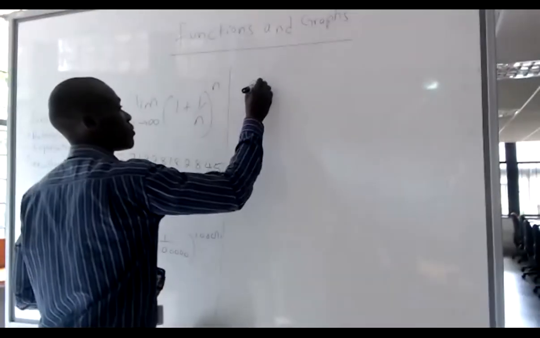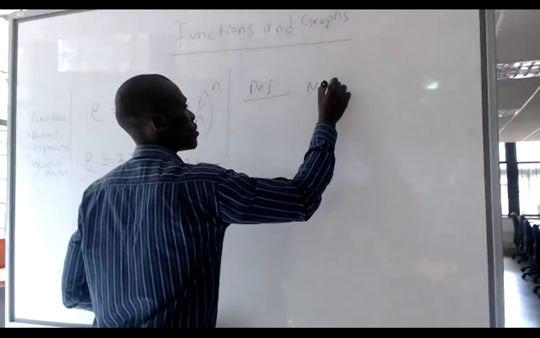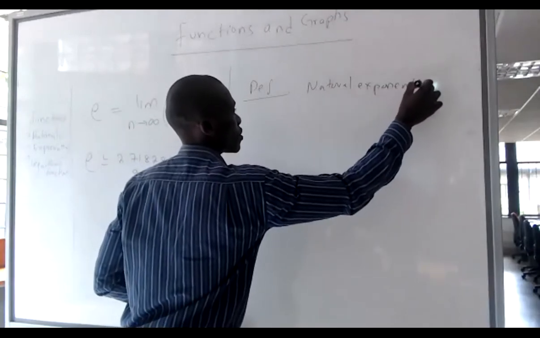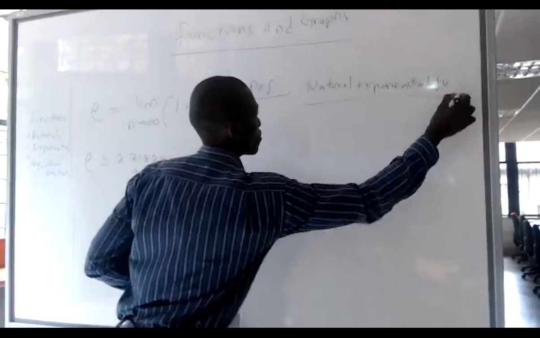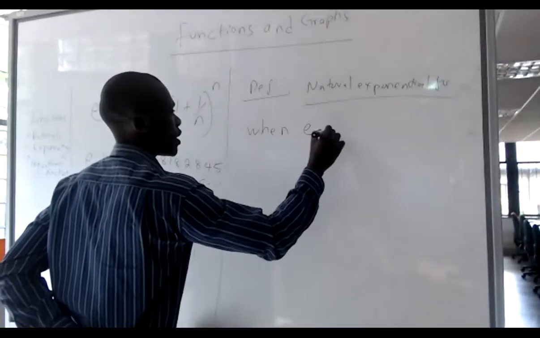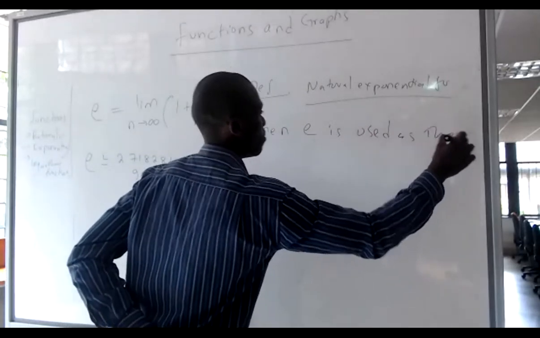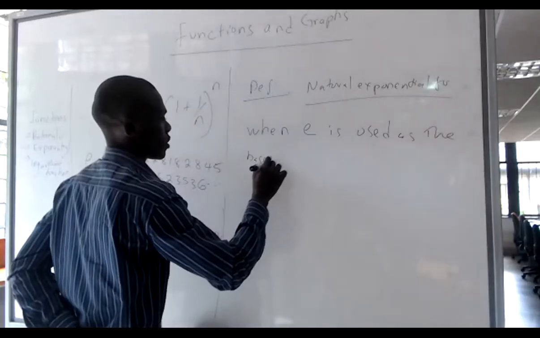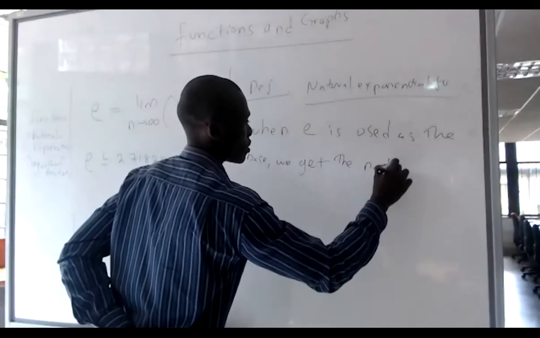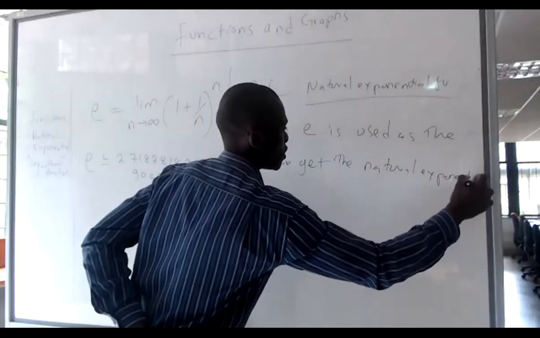So a definition: natural exponential function. We say that when the Euler number is used as the base, we get the natural exponential function.